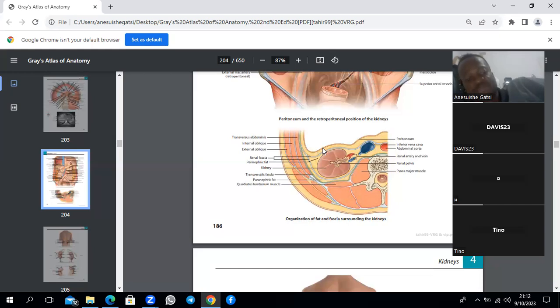Right. So what really supports or holds the kidney in position, the last three layers do. The perirenal fat, the renal fascia, and the pararenal fat, they hold the kidney in position on the posterior abdominal wall.